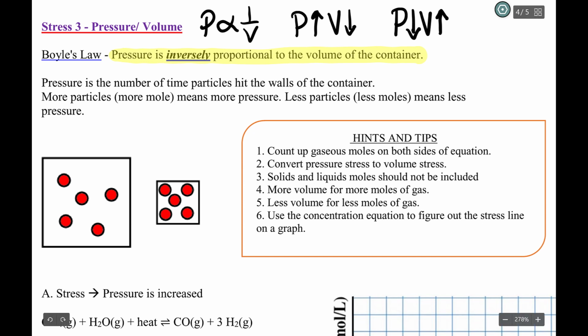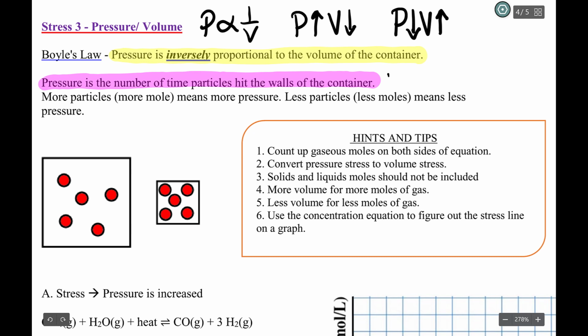The other thing we discuss is what actually is pressure when we talk about pressure in chemistry. Pressure is the number of times particles hit the walls of the container. More collisions with the container, more pressure. So if I have more particles, more pressure. If I have a smaller volume, more pressure.